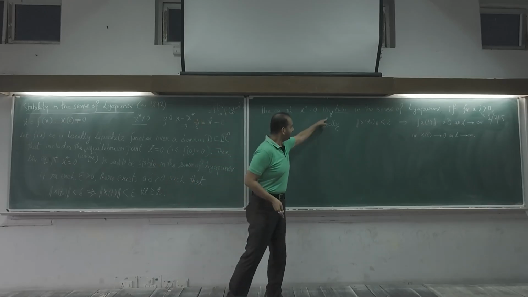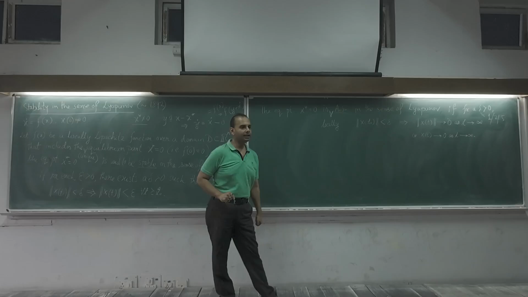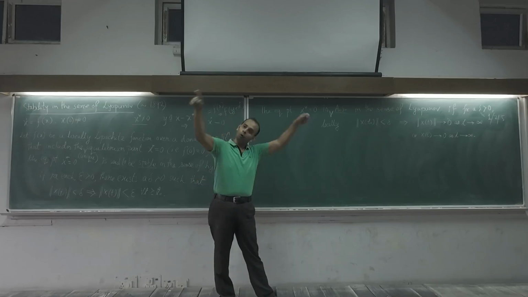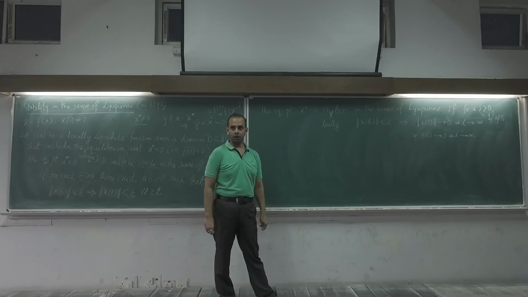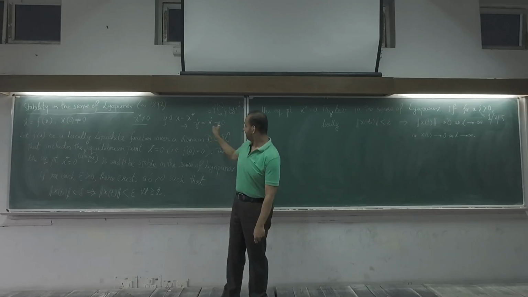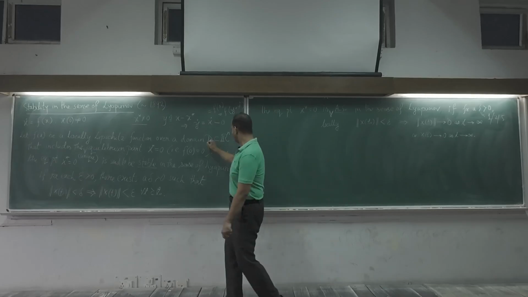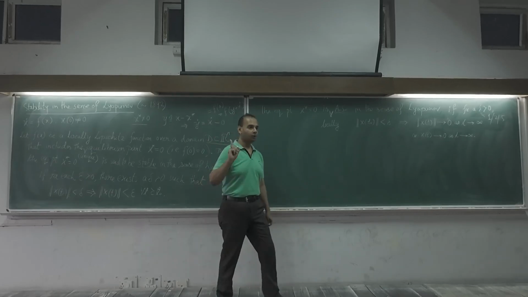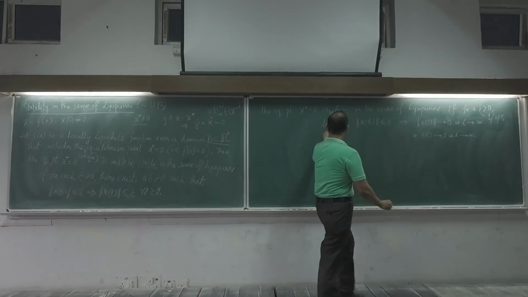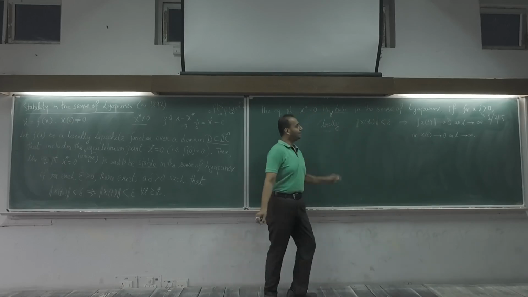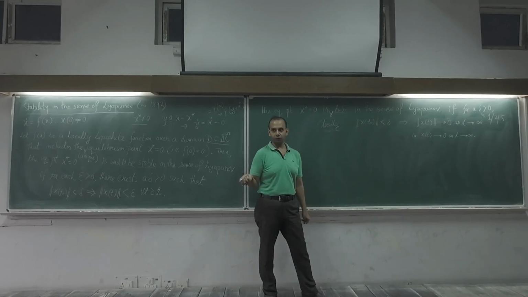If I don't write local here, then immediately the confusion will arise that it is asymptotically stable over whole Rn. Although at the beginning I wrote that it is a Lipschitz function over a domain D. Although it is written, still for a beginner, if I don't write it, it may confuse us whether it is local or global.